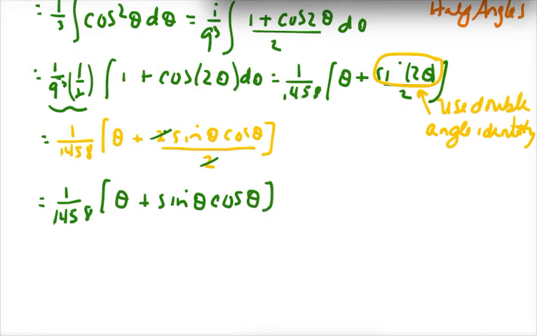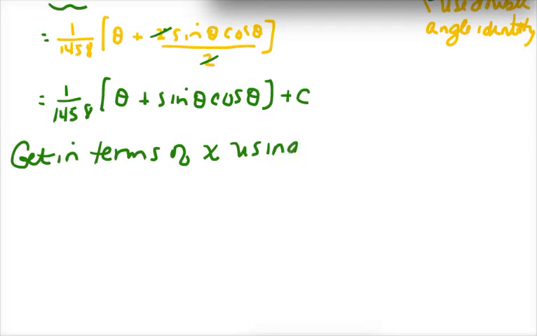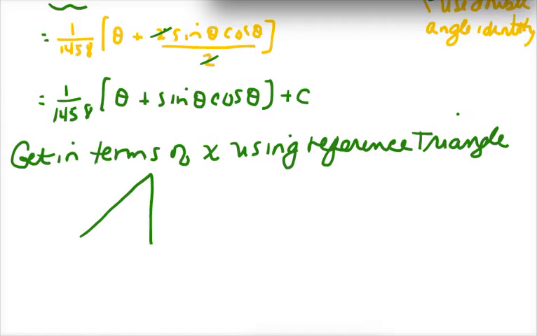Now we can substitute everything that we need with the information from the reference triangle. So now we need to get it in terms of x.